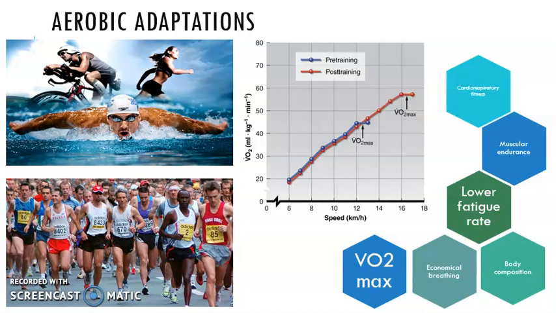Aerobic athletes are likely to use endurance training, such as continuous training. By training continuously, it can lead to long-term adaptations of an increased maximal endurance capacity, a higher VO2 max, which is your maximum rate of oxygen consumed during exercise, and submaximal endurance.